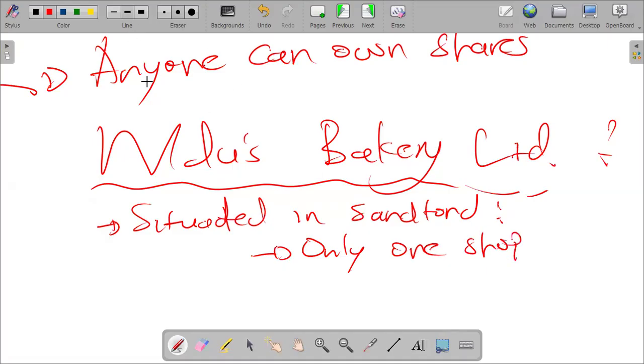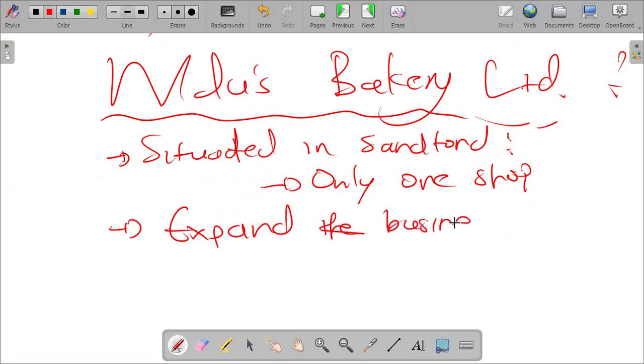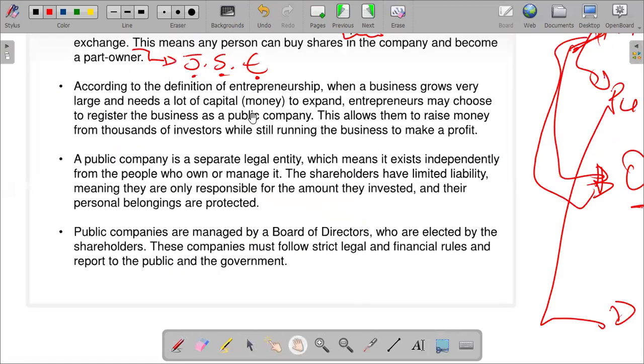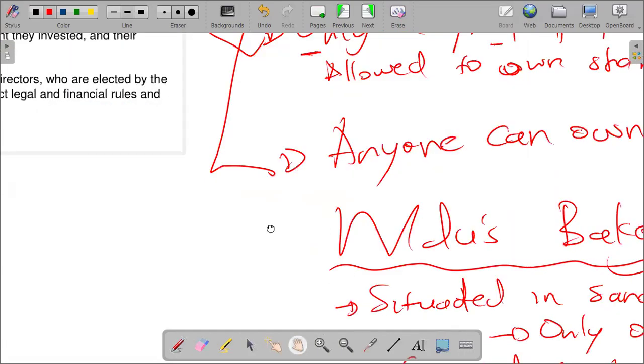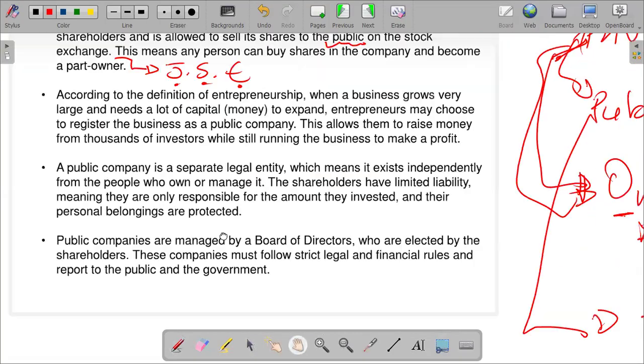But now we want to expand the business. How do we expand the business? This is where, according to the definition, when a business grows very large and needs a lot of capital. Now, because we want to expand, we want to grow, what do we do?